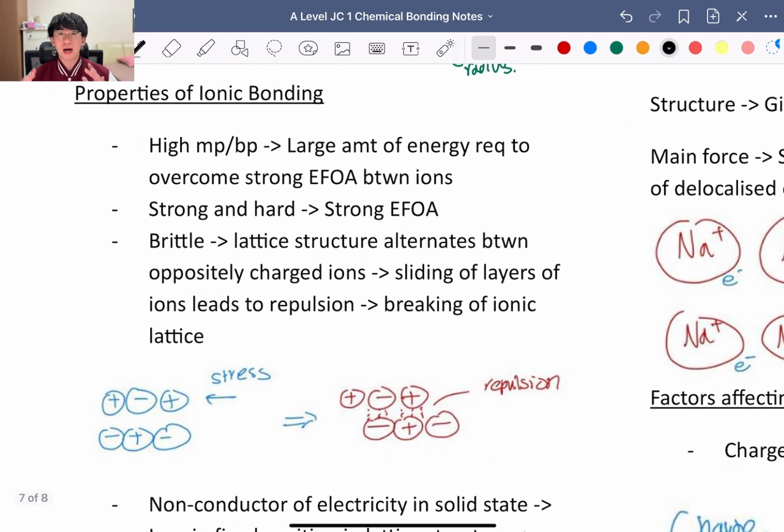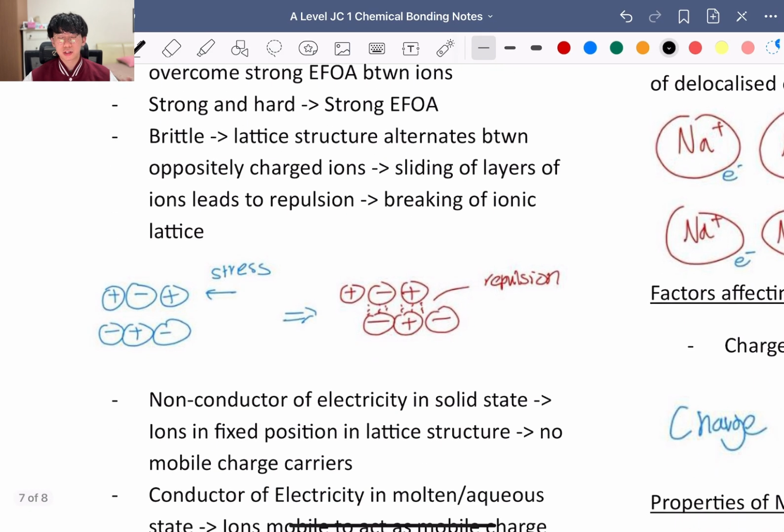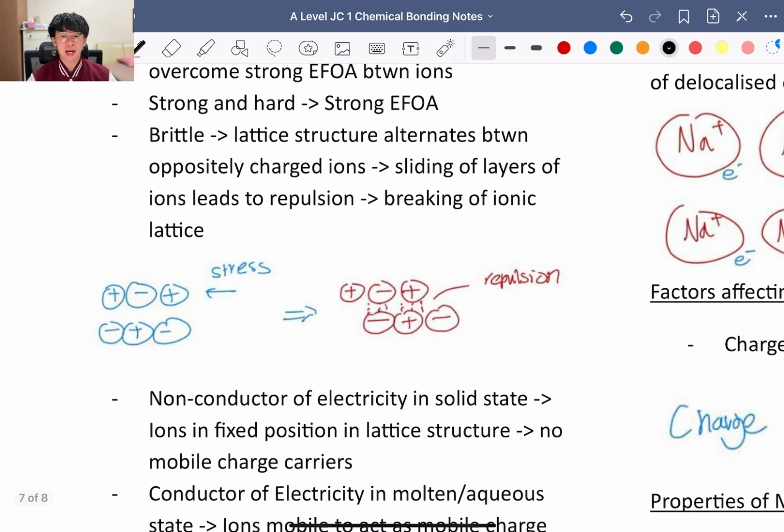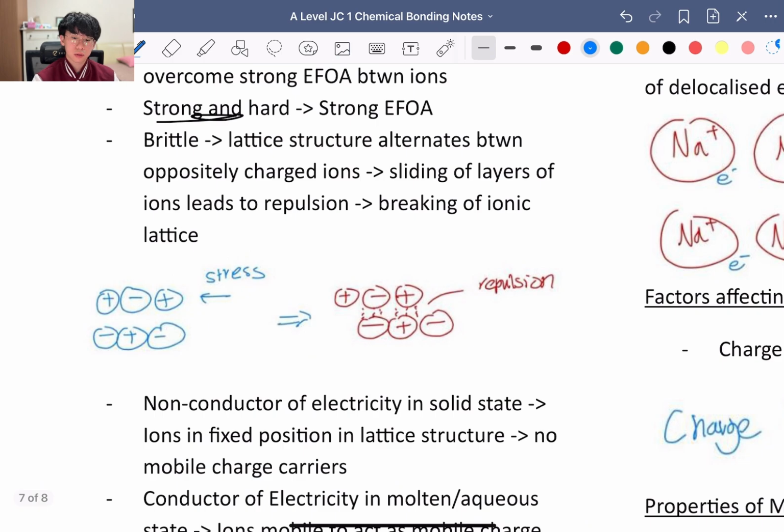Now, what are some properties of ionic bonding? Well, of course, the electrostatic forces of attraction are very strong, so your ionic bond has to be very strong, right? And because of that, they are also very strong and hard, right? But they're also very brittle. A very key thing about ionic structures.